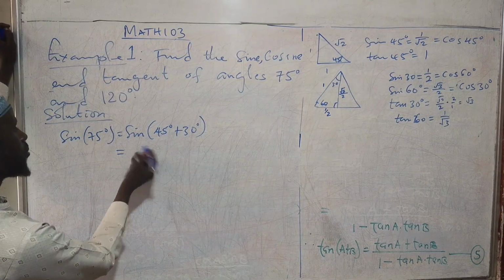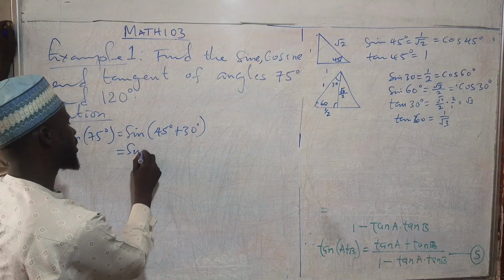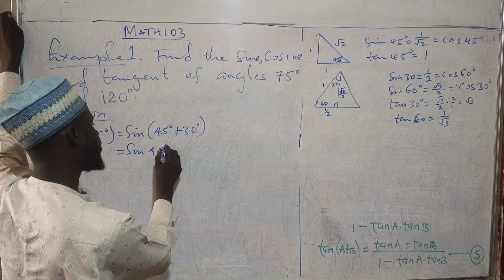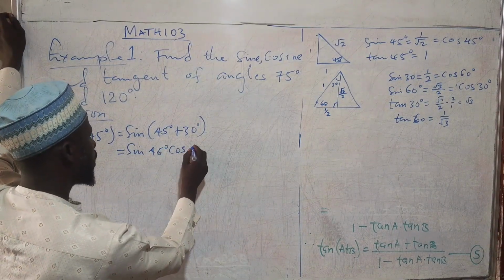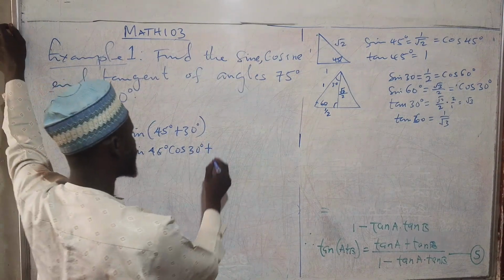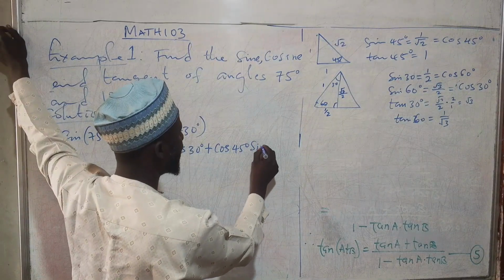By equation 1, this is sine 45 cos 30 plus cos 45 sine 30.